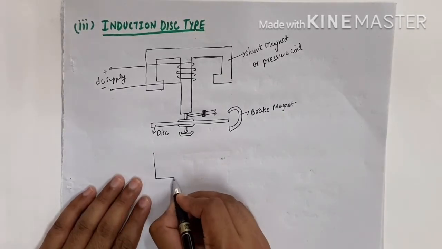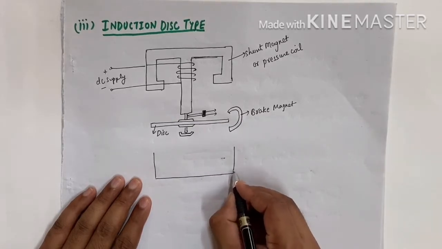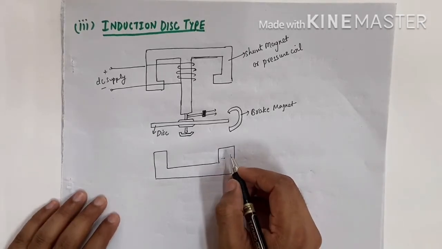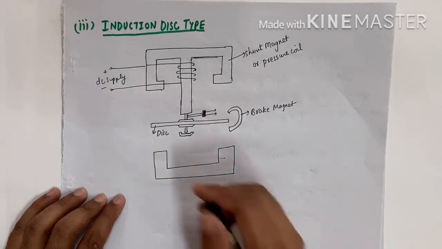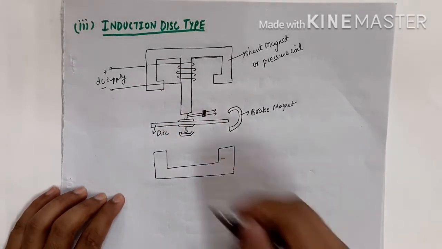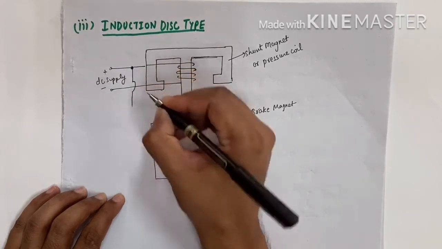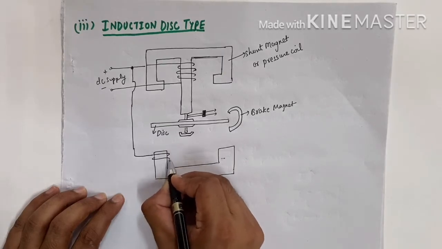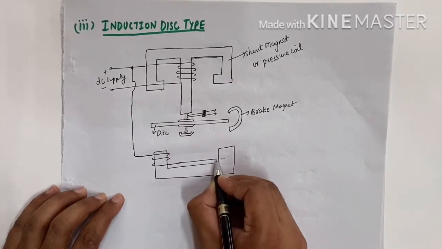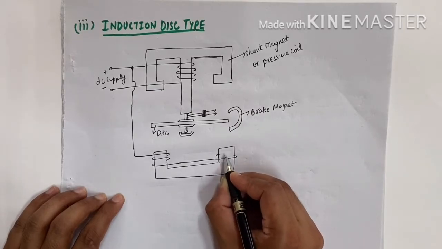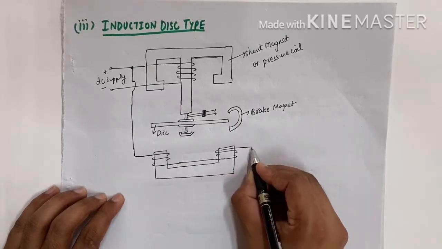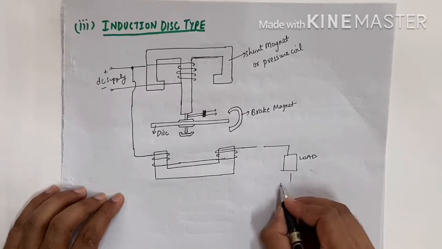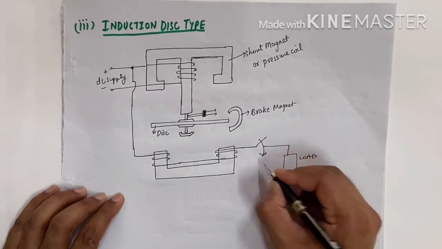Now consider one more thing. This is the series magnet. From the series magnet it is connected to the load, and here we can have a switch.